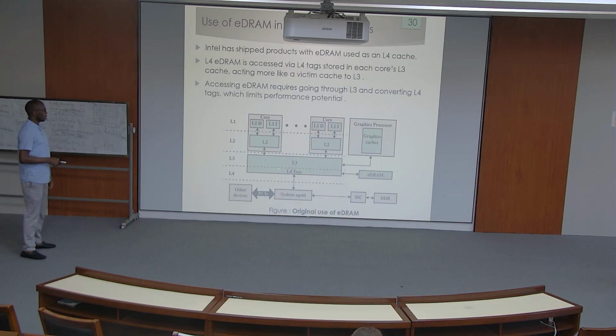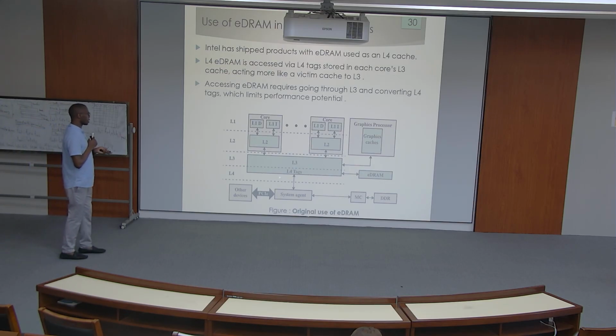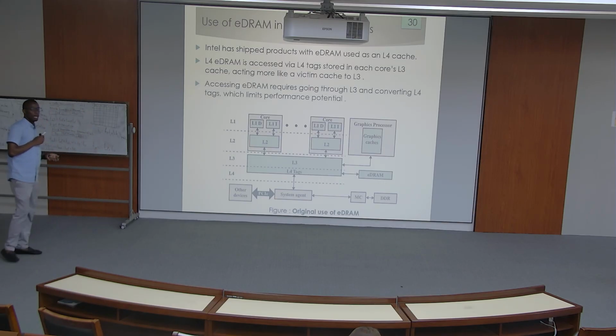Here we have level 3, which includes the level 4 tags, and to go to the EDRAM, we need to access level 3 memory, then convert the level 4 tags, which limits the performance of the computer system, because whenever the system wants to access the embedded DRAM, it has to go to level 3 cache memory, then convert the level 4 tags, then access the EDRAM. This is the original use of the embedded DRAM memory system.